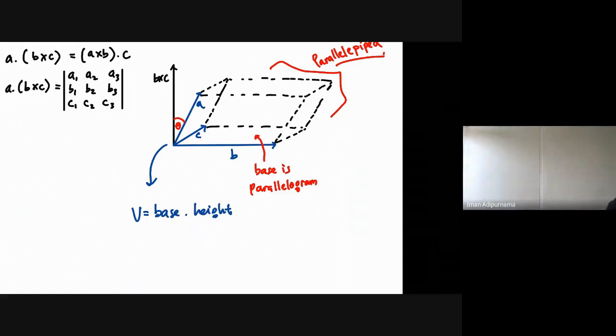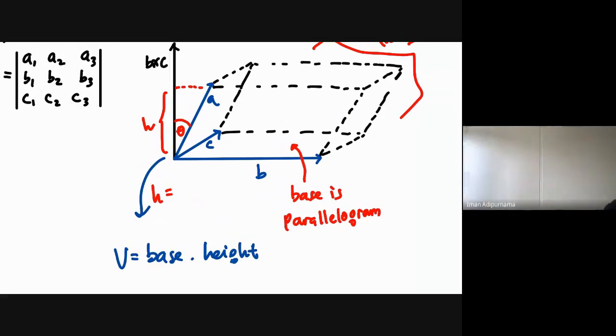And the height is determined by this. Let me write here h. So the height h, from vector A, has an angle, so it becomes the length of A and then cosine theta.